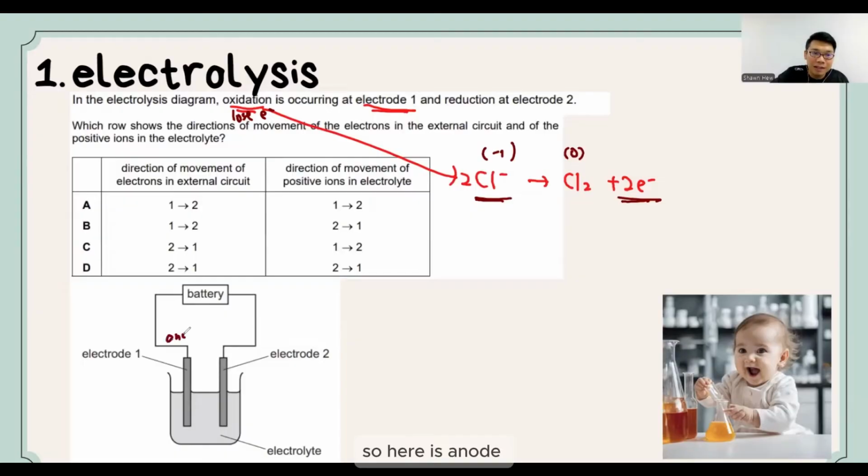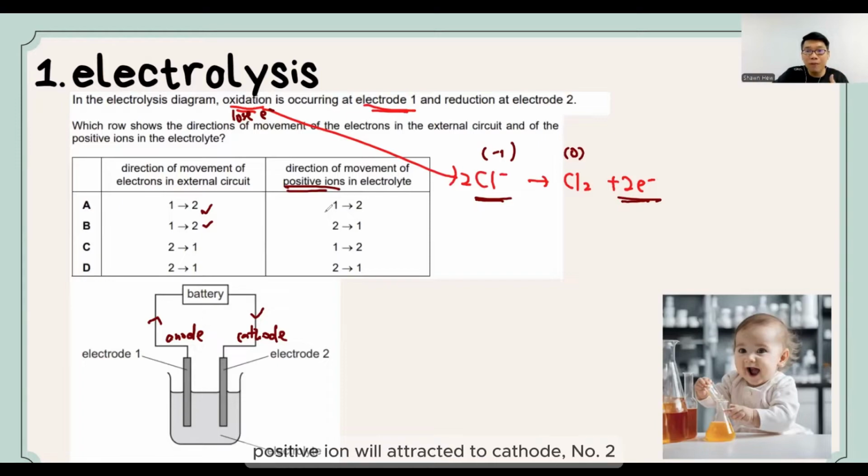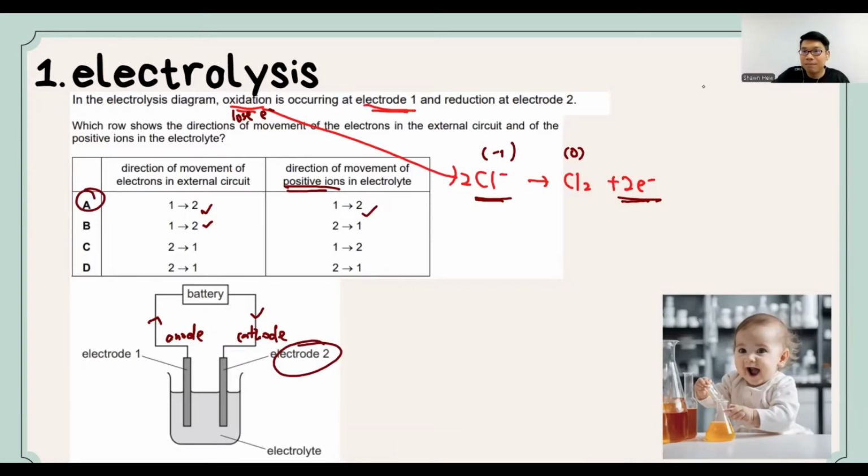So here is the anode, then here is confirmed the cathode. Electrons will move from here to here, 1 to 2. Positive ions will be attracted to the cathode, number 2, so it's A.